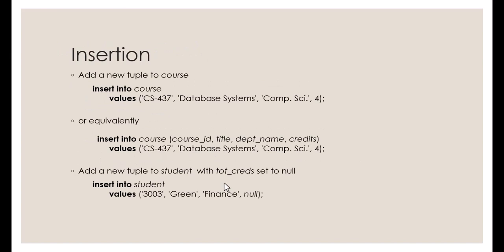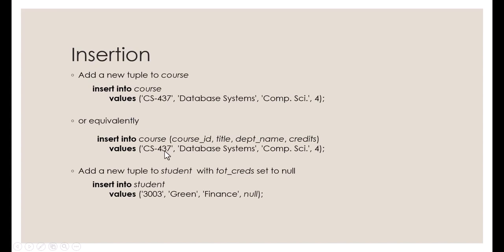You can also insert new rows of data by using the insert into keyword, using values. We insert into the name of the table or relation, and then these are the values that you want to insert. Of course, these have to be in the same order as your attributes when you first defined the table course. Here we have the course ID, the name of the course, the department, and the number of credits, right?